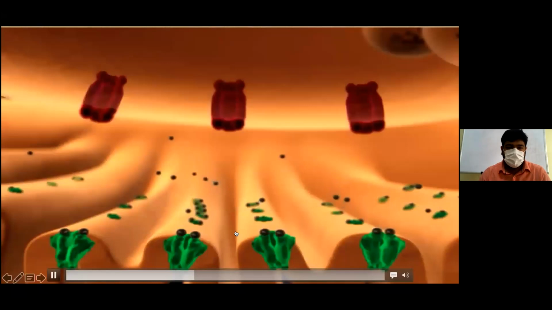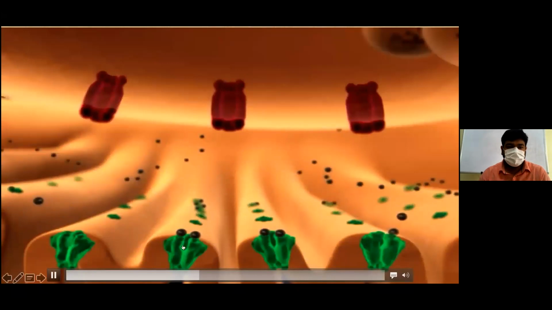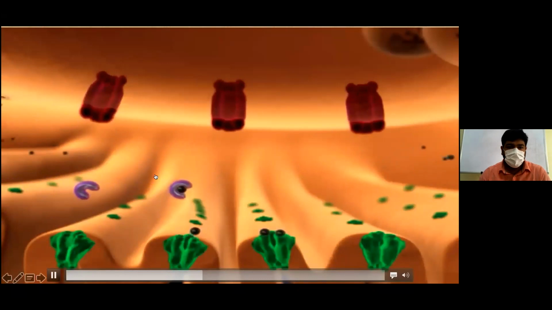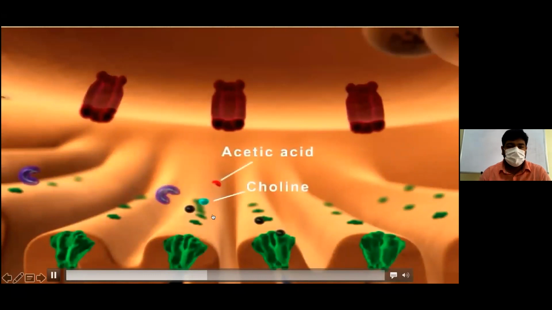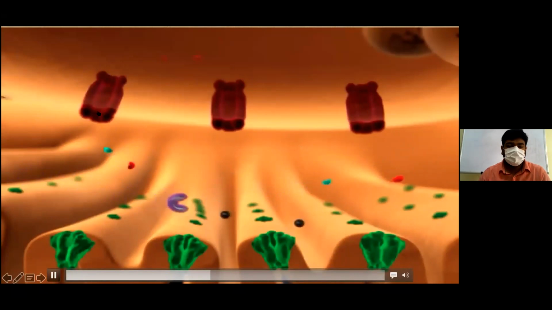One is acetylcholine diffuses away from the synaptic cleft and is no longer available for attachment to the acetylcholine receptors. And the second method is acetylcholinesterase enzyme breaks down the acetylcholine into acetic acid and choline. This choline is again recycled back into the nerve terminal for the synthesis of acetylcholine, and the cycle repeats.